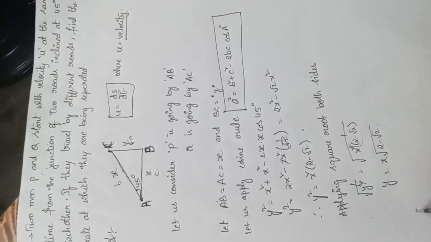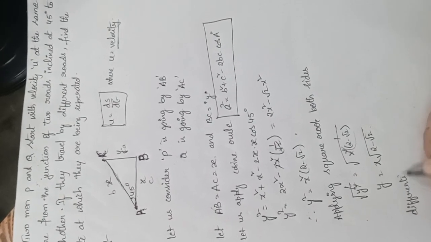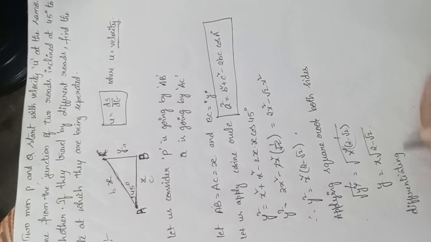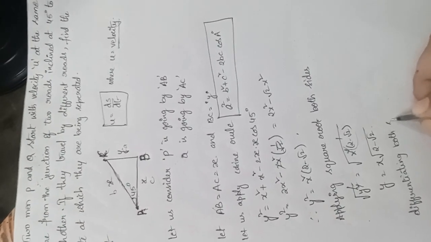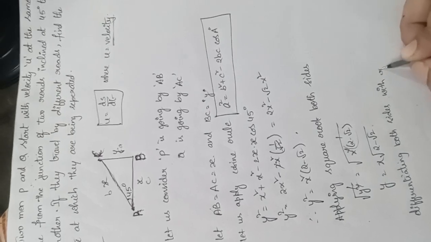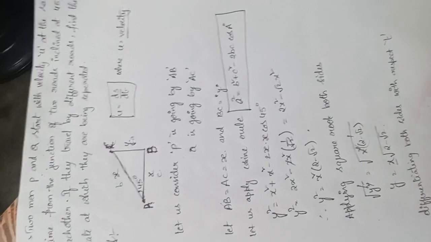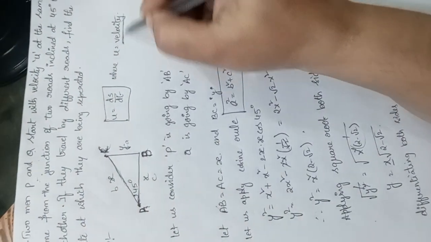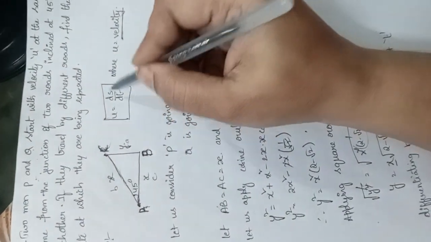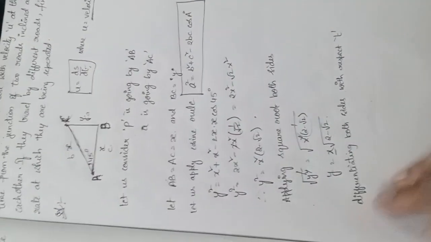Now differentiating both sides with respect to t, because here x is related to u, which is velocity, and velocity is rate of change of displacement with respect to time.